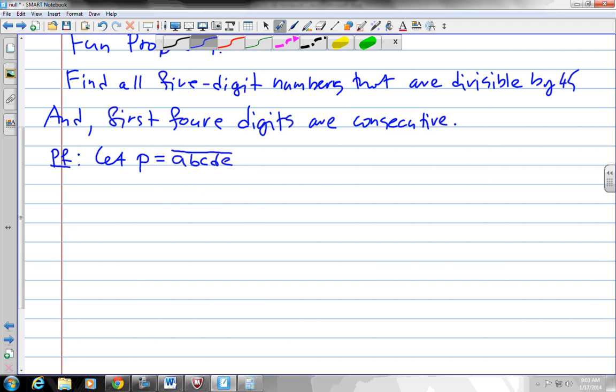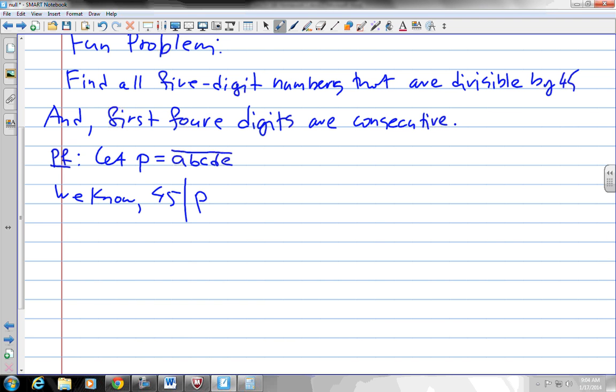So we can use some of the properties that we've proven already about division. What we know is that 45 divides P. Well, 45 is divisible by 5. Do you agree with that? So therefore, our number is divisible by 5 as well. We have a property like that, that transitive thing, I think the first property. Also, 45 is divisible by 9, right? Therefore, our number is divisible by 9.